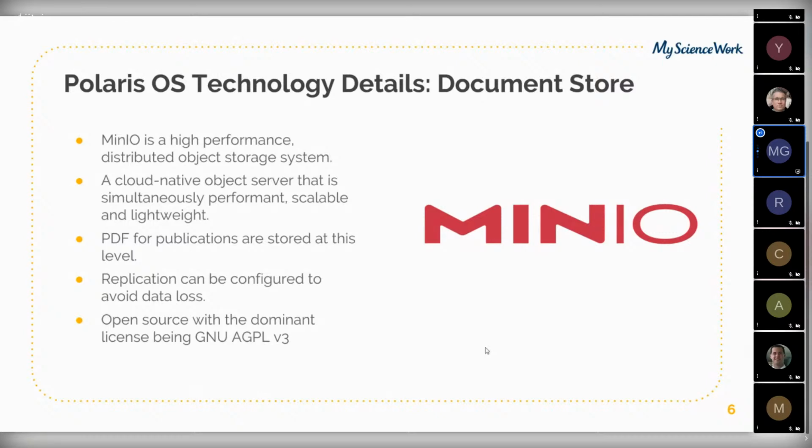And more than that, if we want a highly fault-tolerant system, we could configure MinIO to have geographical distribution capabilities. So, for example, we could have copies of documents in different geographical locations to ensure that if we lose one location, we won't lose the documents stored there, as could happen in a standard database.